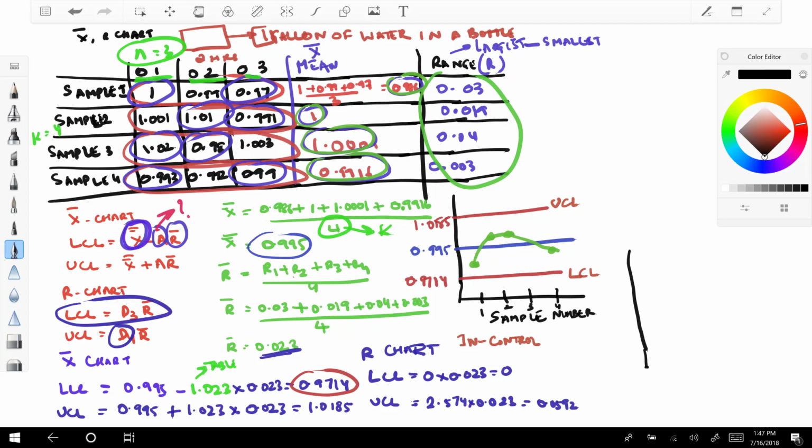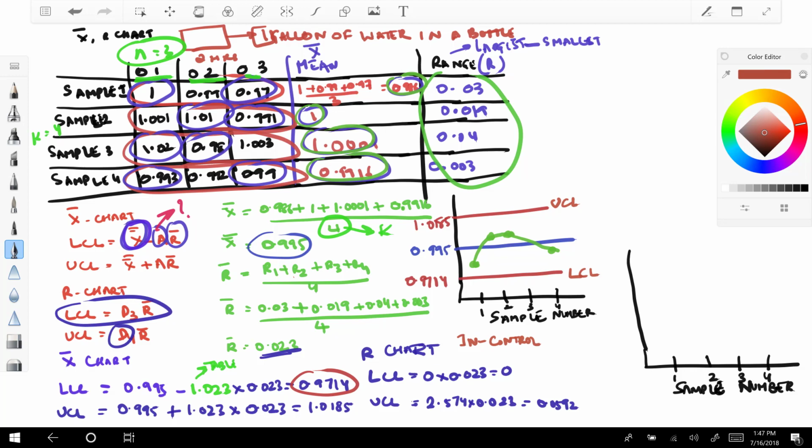Again, this is sample number. So we have sample 1, sample 2, sample 3, sample 4.